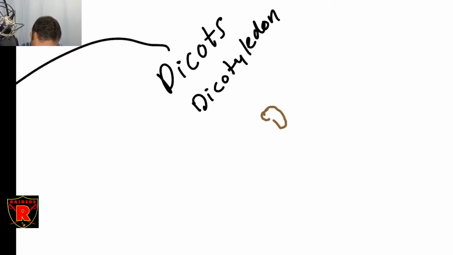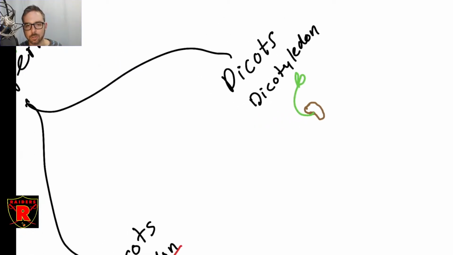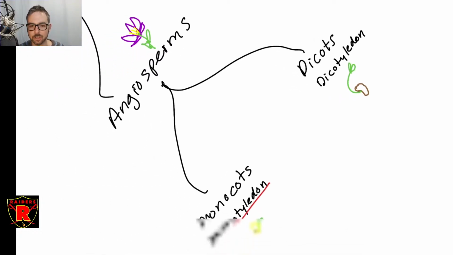So if I'm going to draw a bean and show it coming out, when they come out, they have two little leaves on them, two seed leaves, two cotyledons. So those are dicotyledons. And this sounds like something trivial, one leaf or two, but from a genetic standpoint, from an evolutionary standpoint, these groups are actually quite diverse from each other.